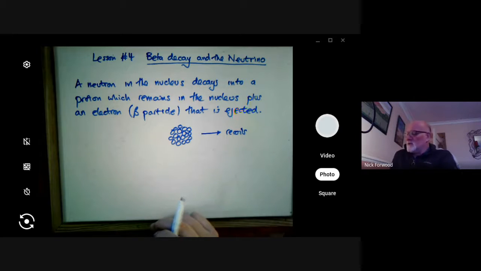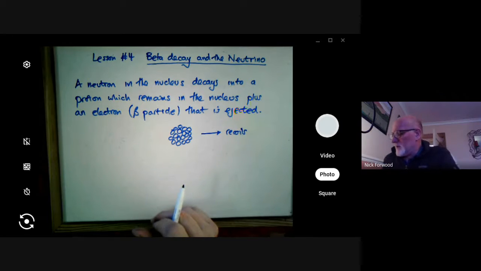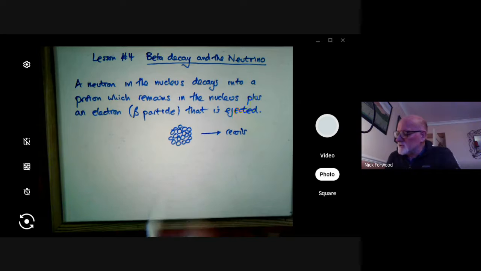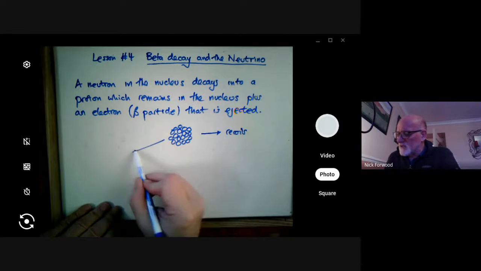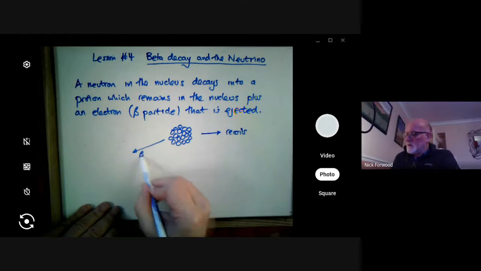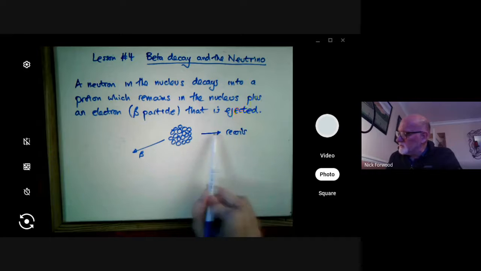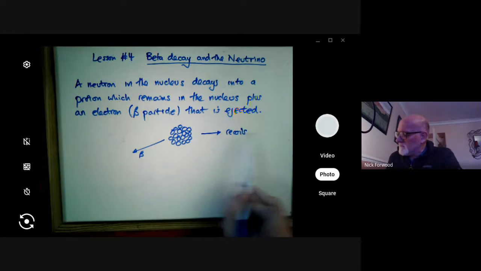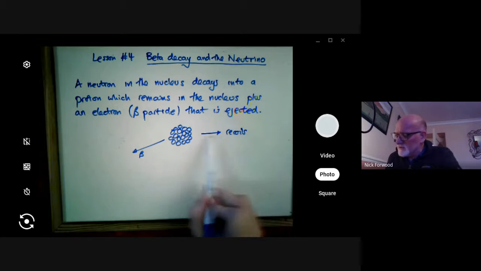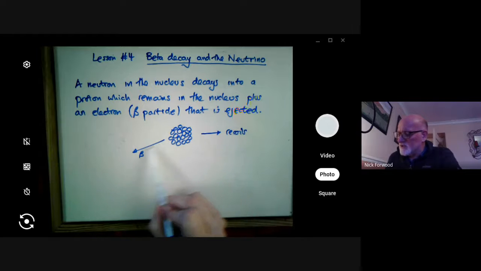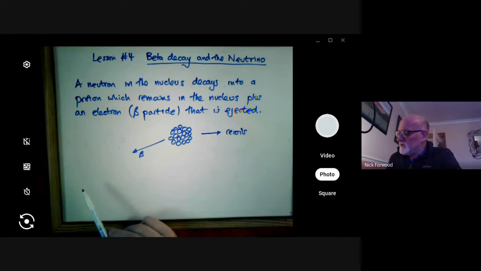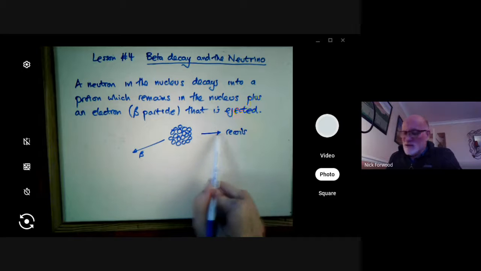It's a bit like firing a gun. The bullet goes off in one direction and the gun recoils in another direction. And the beta particle comes out down here. But you'll notice this is not in line with the recoil. The recoil goes off that way, I'm just drawing this so it goes off horizontally. The beta particle comes out in the opposite direction, but not directly in line with the recoil.